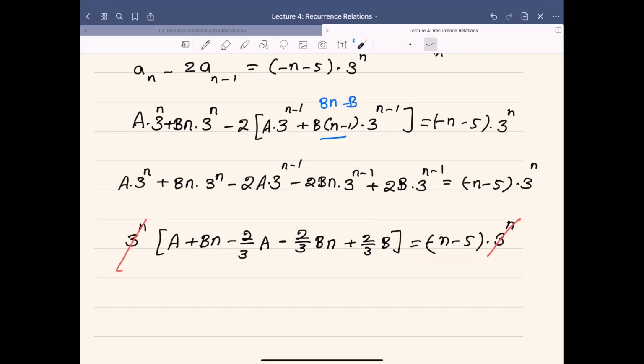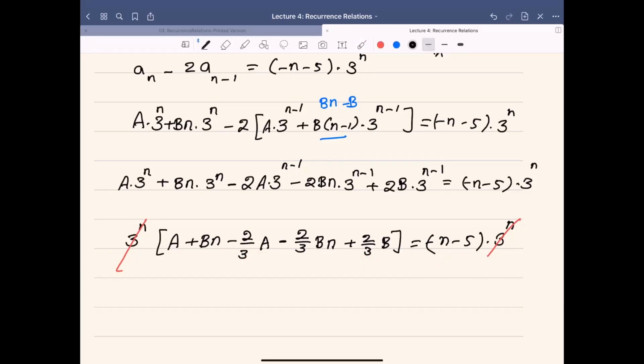We have a constant with n with a coefficient minus 1. So let us combine all those terms with n, match it with minus n, and combine those without n and match it with minus 5. So let us arrange it this way.